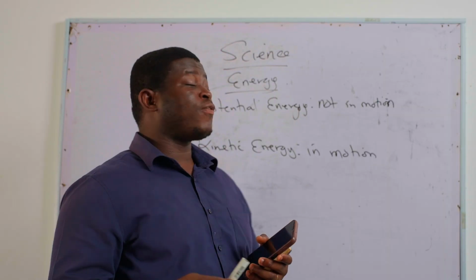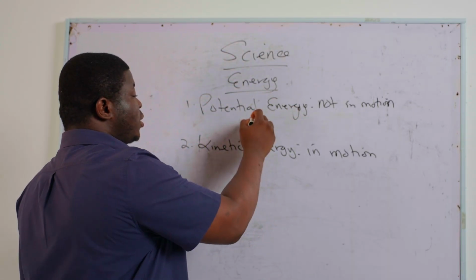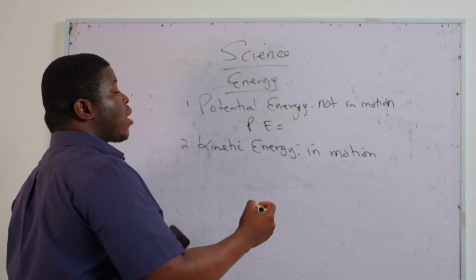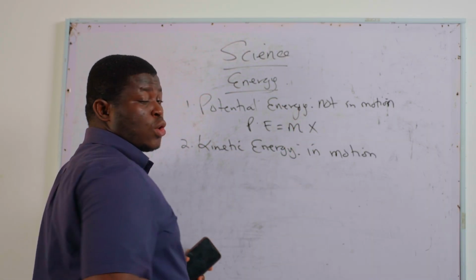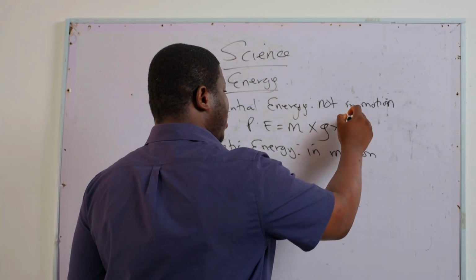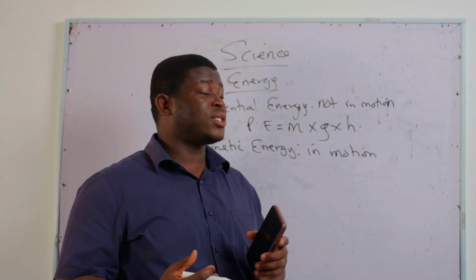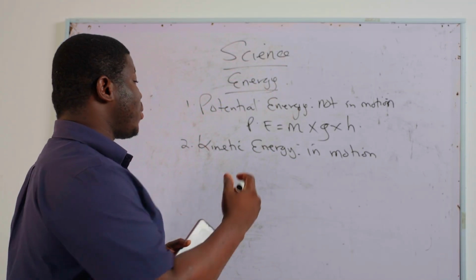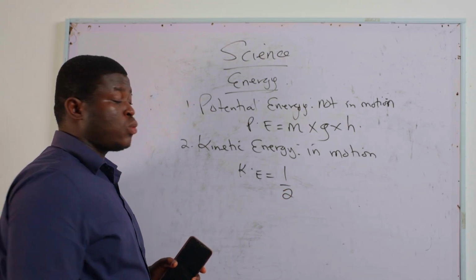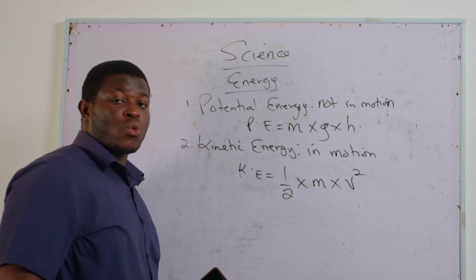Now, these two forms of energy, we have formulas we use in calculating them. When we take potential energy, which you can write as PE, the formula is mass times acceleration due to gravity times height. Then for kinetic energy, we use the formula 1/2 times mass times velocity squared.